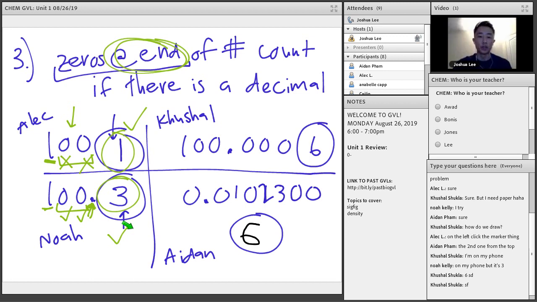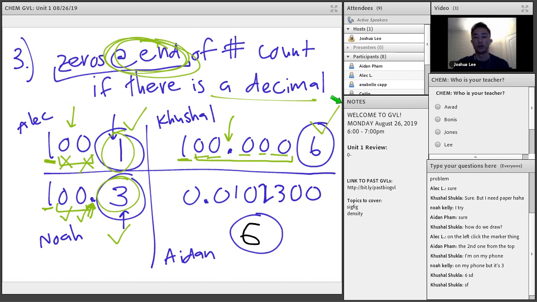So if we look at Kushal's number, we have a 1, it for sure counts, and all of these zeros are at the end of my number, meaning the zeros are the last things that I'm writing, and the zeros at the end only count if there's a decimal. Look, there's a decimal here, so 1, 2, 3, 4, 5, 6 sig figs.